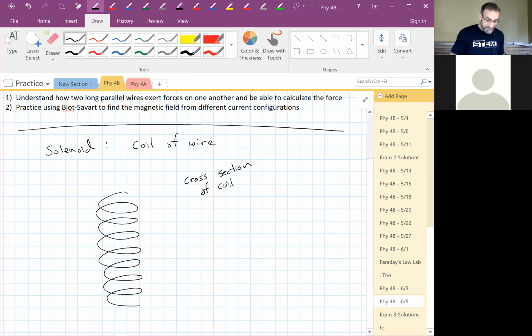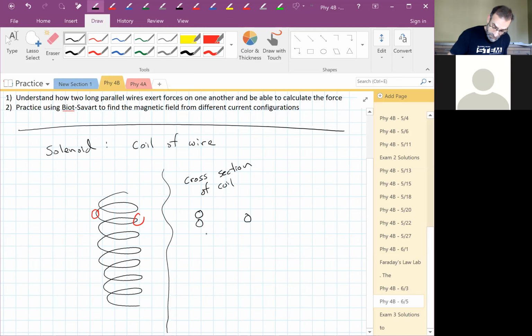If we do that, it kind of looks like this. On this side over here, we see a coil of wire. And on the other side over here, we see a coil of wire.